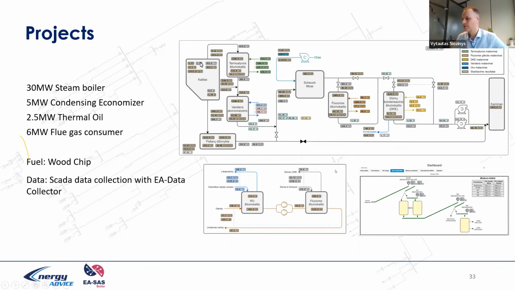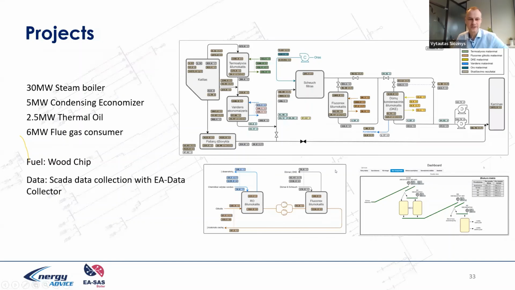A more complicated boiler, with more components: furnace, thermal oil, economizer, flue gas consumer, filters, condensing economizer, chimney, flue gas fan, ventilator, extra air heaters, and fuel silo.